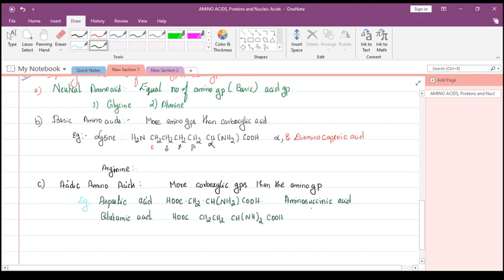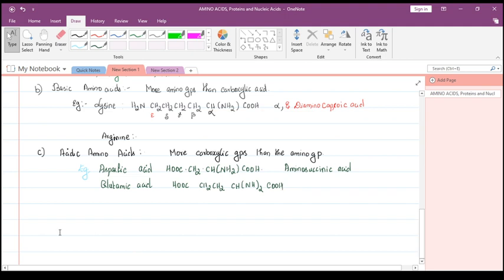Okay, so these are the main classifications. The first classification is depending upon the position of the amino group. The second classification is depending upon the number of amino groups and acidic groups. Again, there is another classification depending upon their uses and applications.